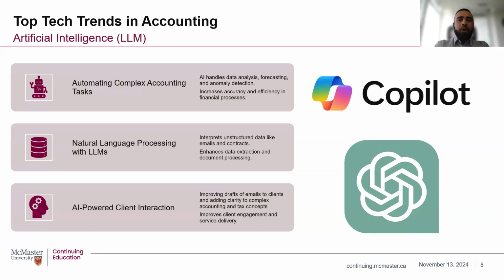We do have some guardrails that we need to implement when using AI, because we want to make sure that privacy and security are at the forefront. But it's definitely a tool that you need to start using, and the more you learn how to use it effectively, the better you're going to be at work, and it's just going to increase your efficiency.